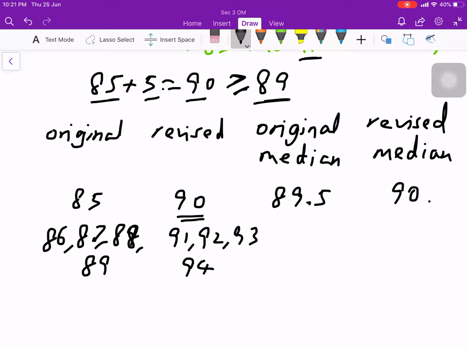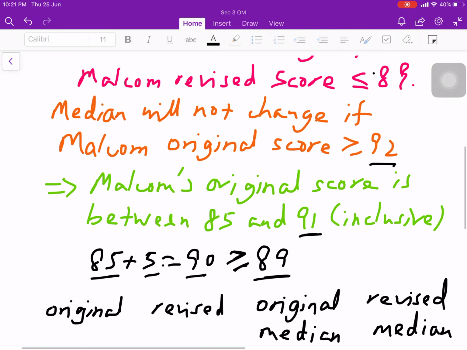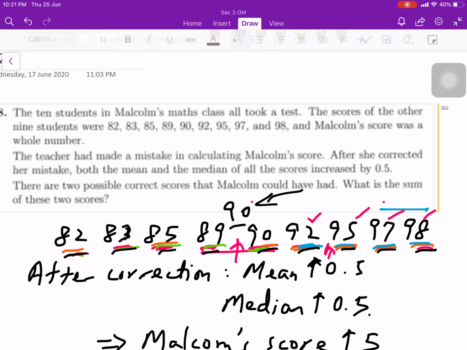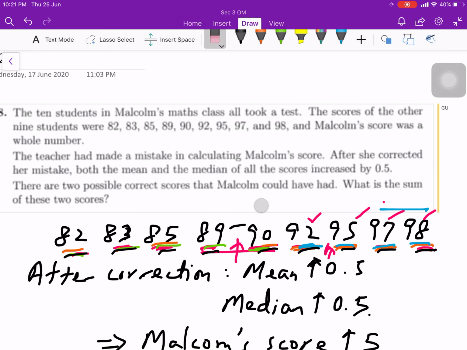Then can you see that your original median is 89.5, but the revised median would be more than 90. The revised median would be more than 90. Because why? Your revised score is actually 91. Therefore, in this case, can you see that your revised score is here? That means your revised score now is 91, or 92 or 93 or 94.